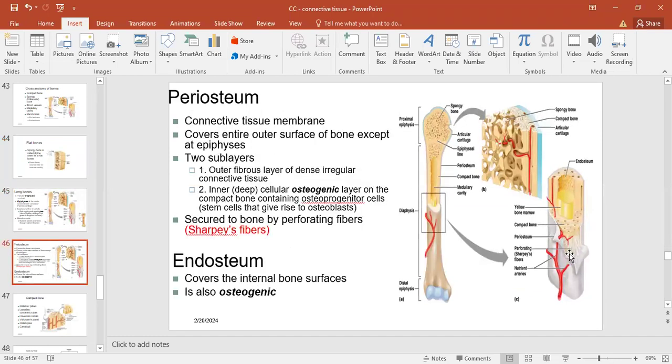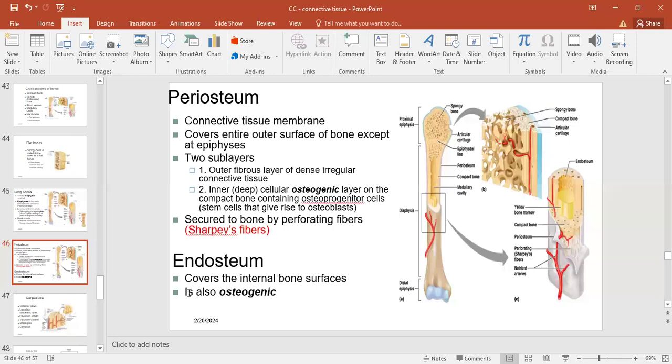The other thing that I did not mention when I was talking about periosteum is that the periosteum is attached to the bone itself by fibers. Fibers will be perforating the bone itself, and those perforating fibers are going to be called Sharpey's fibers.